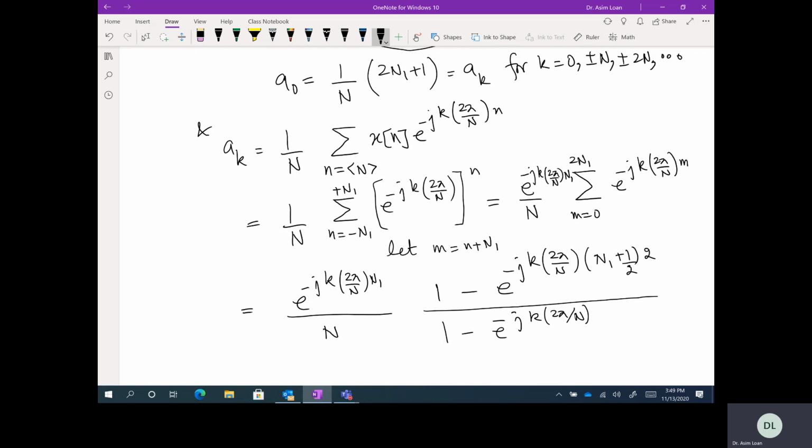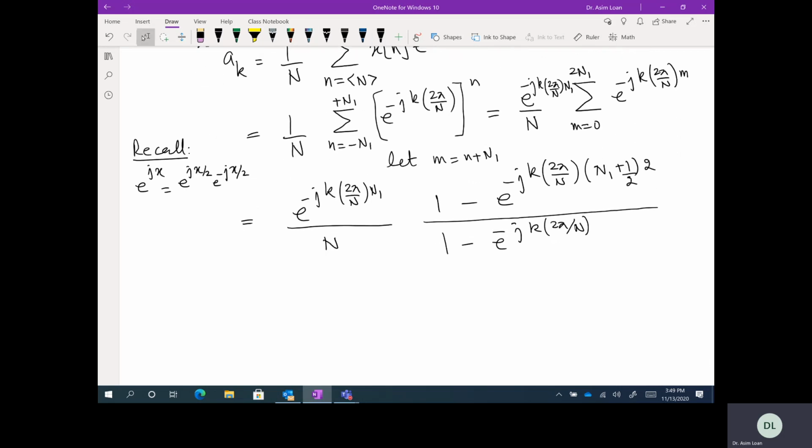And why do I want to do this? Because whenever you have some e to the jx, you can always write it as e to the jx by 2 into e to the minus jx by 2. So this is the half angle expansion. If this is the case, I can write this over here. So this implies ak equals e to the minus jk 2 pi by n into n1 over n.